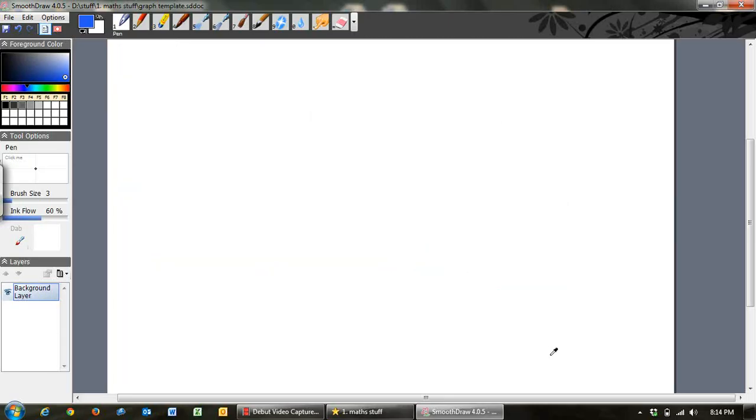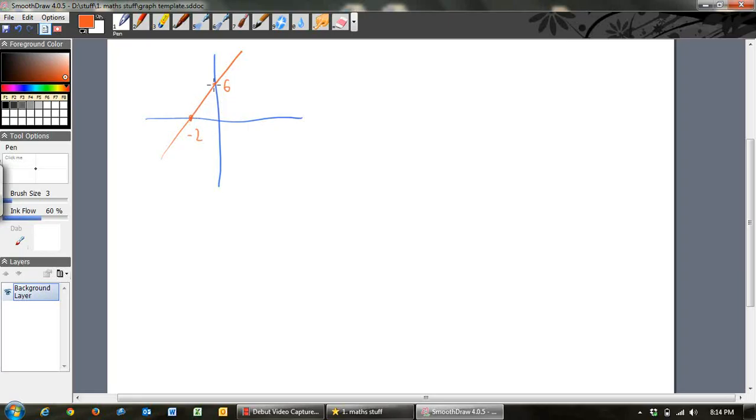Okay, I'll just do one more example. Something like this. Find the gradient of this. Now, if you're clever, you could probably look at this and go, well, it's just rise over run.